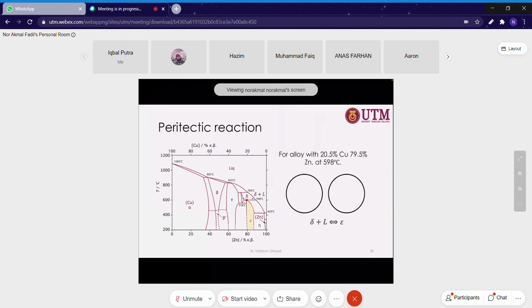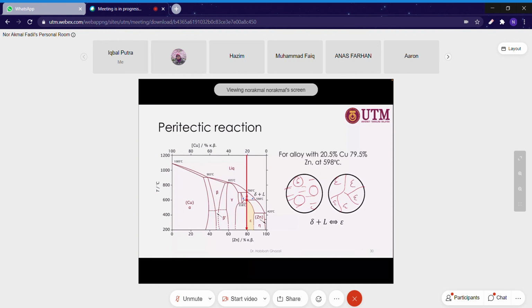So for example, this alloy initially contains liquid and delta, and after cooling, is forming one single phase, which is epsilon.